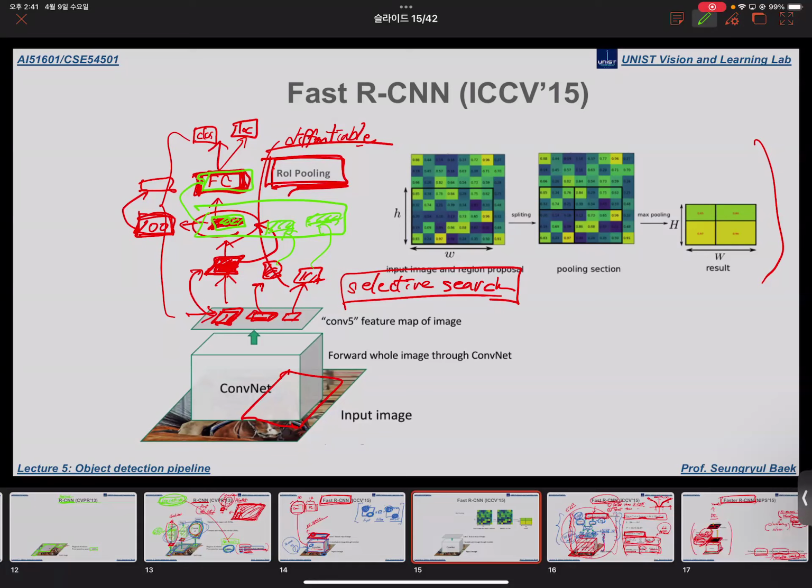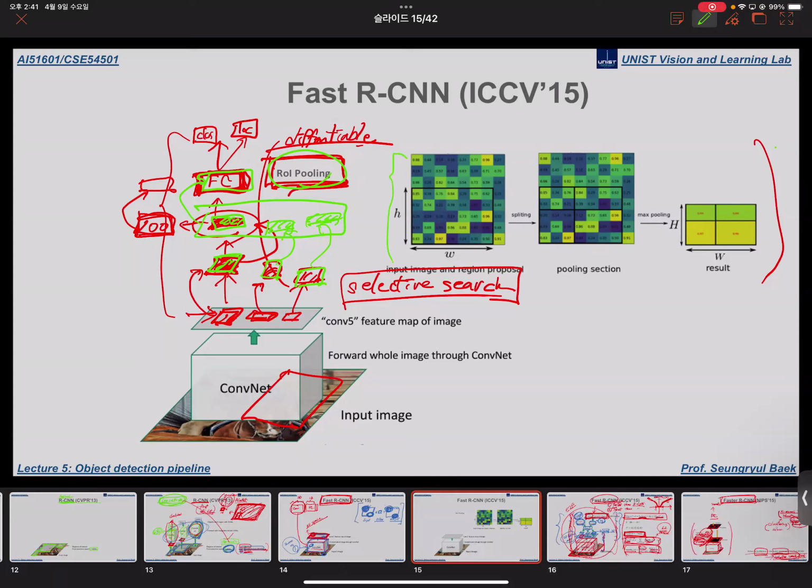Maybe yes, okay. So to convert the different dimensional 2D features into a fixed dimensional 1D vector, we apply ROI pooling. And how it works is like this.